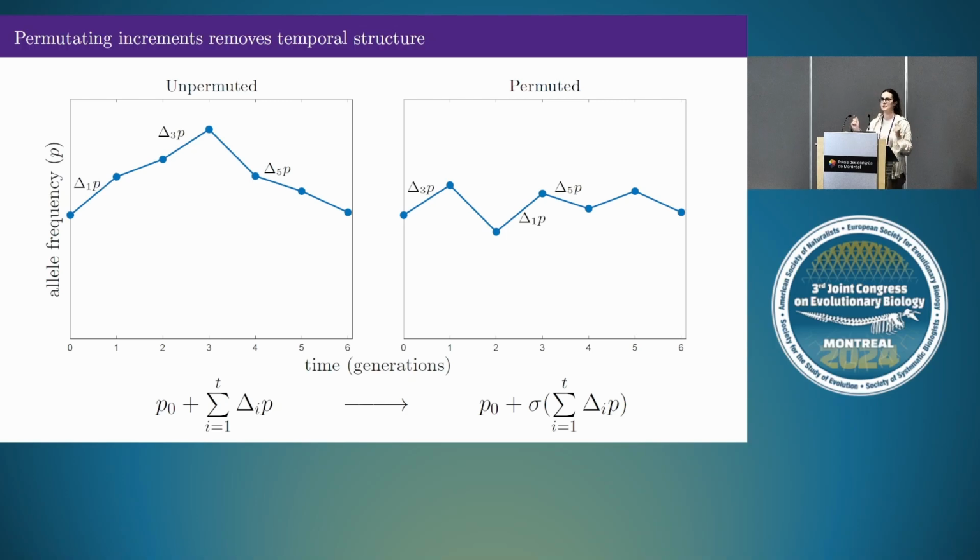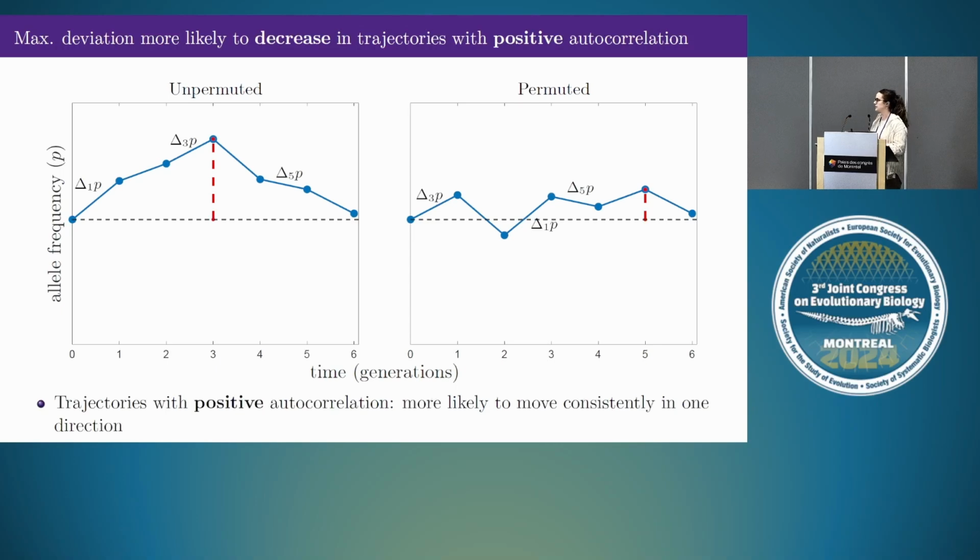So we can apply this to each trajectory in a time series, and if there are discrepancies in properties from before and after permutation, that suggests that there was some sort of temporal structure in the original time series. And so in particular, we're most interested in how the maximum deviation of a trajectory changes, or how far it travels from its initial frequency.